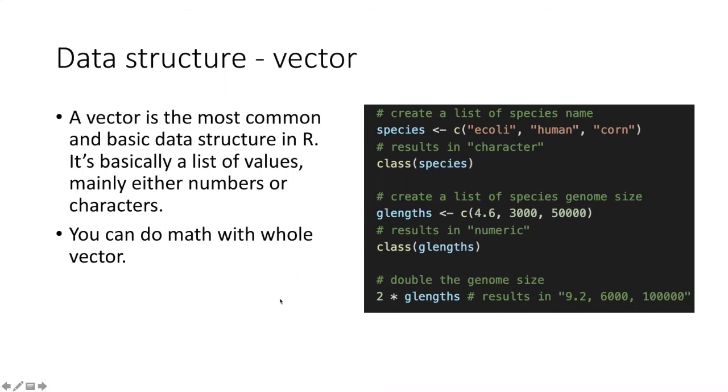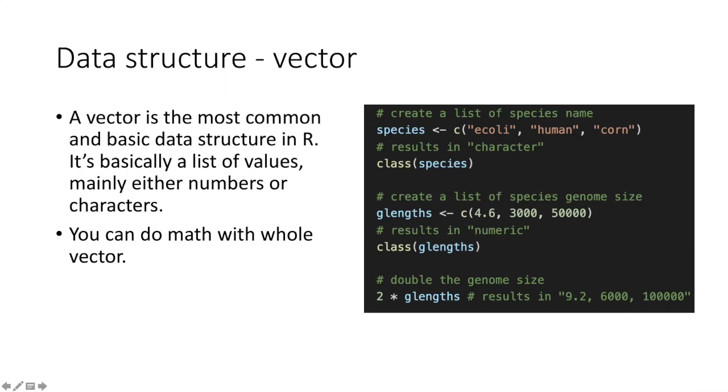It's going to be character, all right? Even if you put in numbers, everything will be recognized as characters universally. So you only have one specific data type encoded for a vector, all right? If you put in characters, everything will be considered characters.